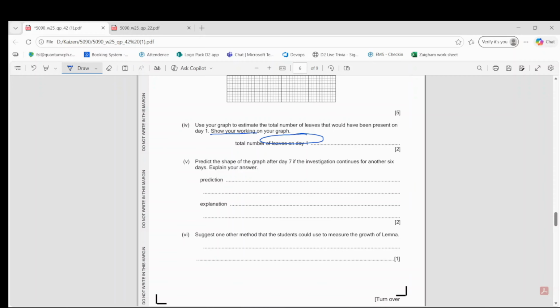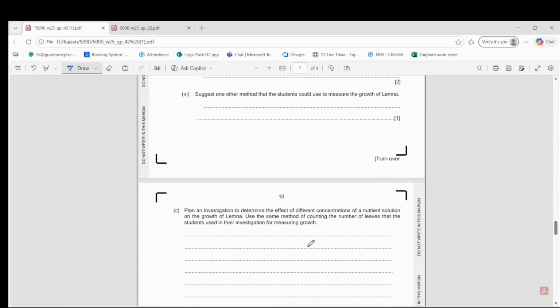No, we are not using the same method, we have to use some other method. Exactly, we can measure the mass, we can measure the surface area. Okay, but not the number of leaves. They have already used this method, we have to give some other method.